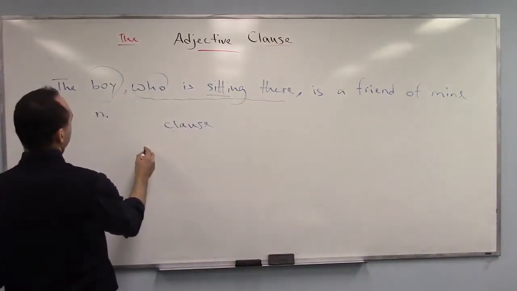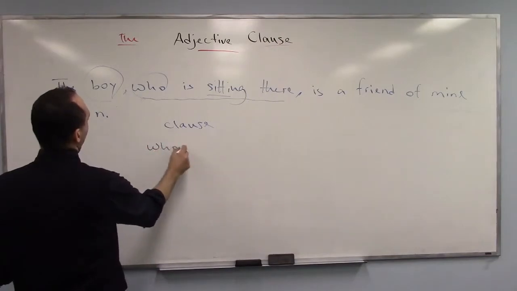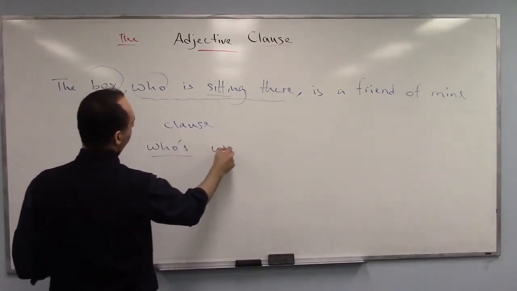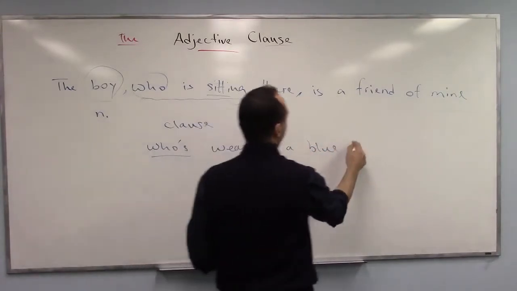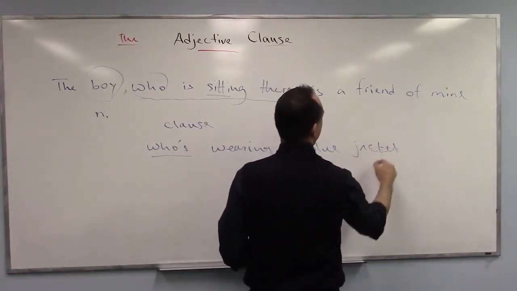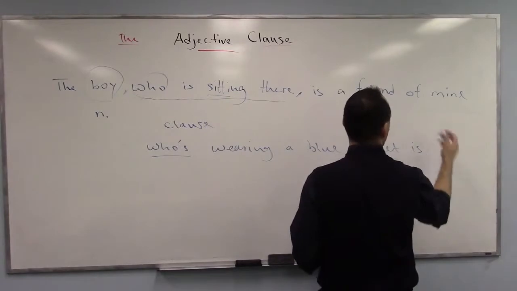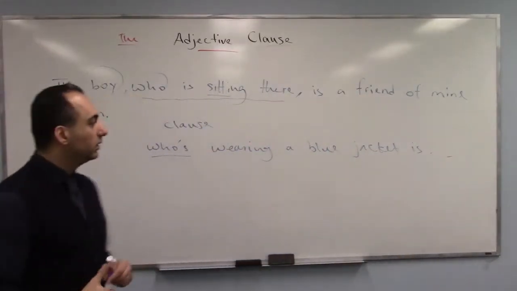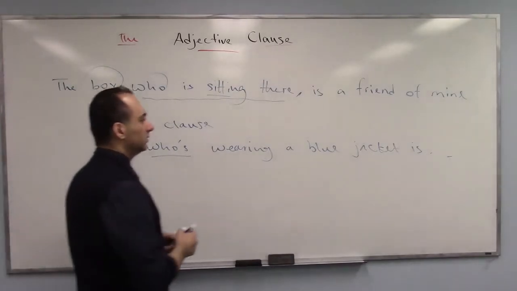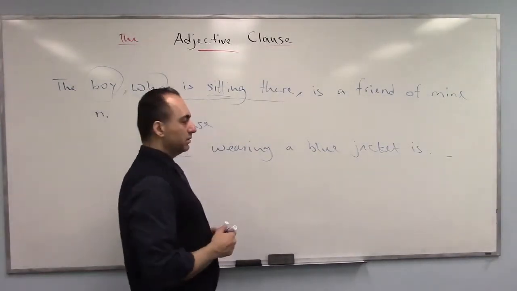The boy who is wearing a blue jacket is what? Is John's close friend. Is my classmate.